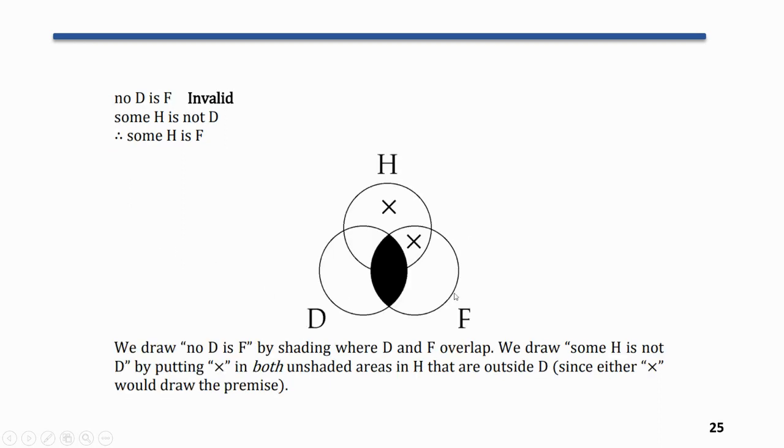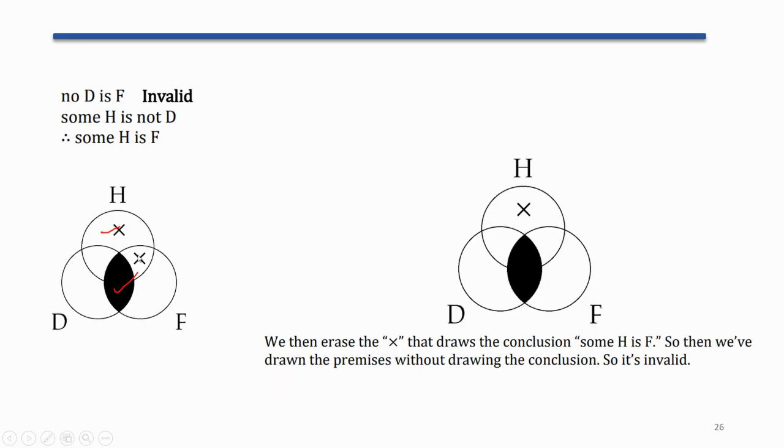In the earlier case, the conclusion was that some H is F, but that was not the case there. But here, as some cross sections between these two are there, some H is F is logical. Okay, right. Now when we erase this cross term, that draws the conclusion that some H is F. So we have drawn the premises without drawing the conclusion. That's why we are saying it invalid. I think you understood that.